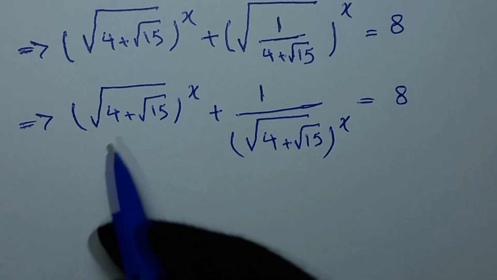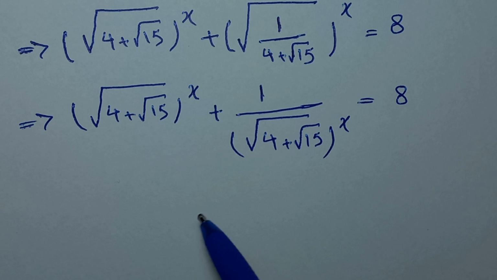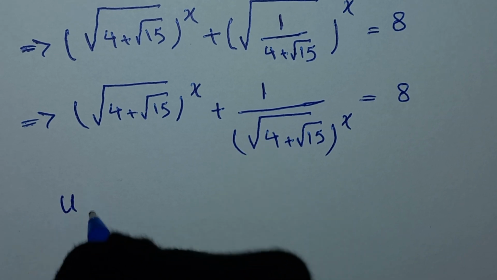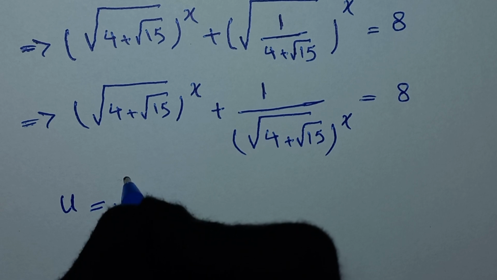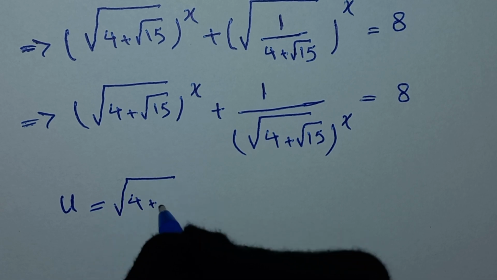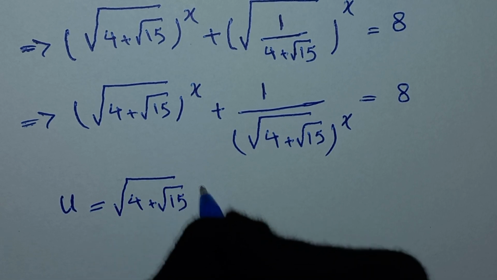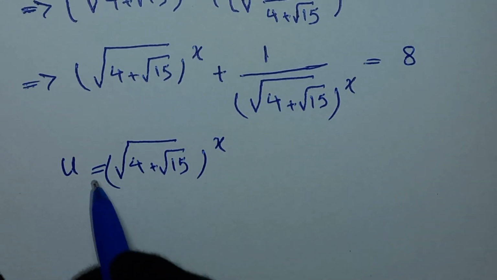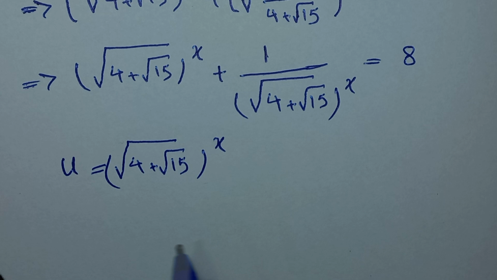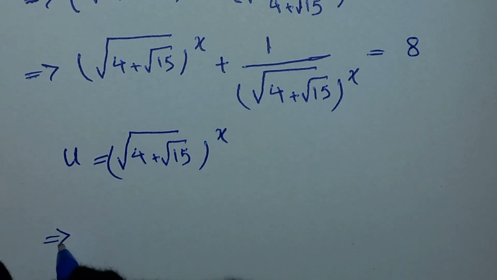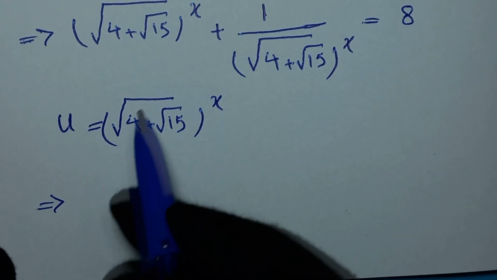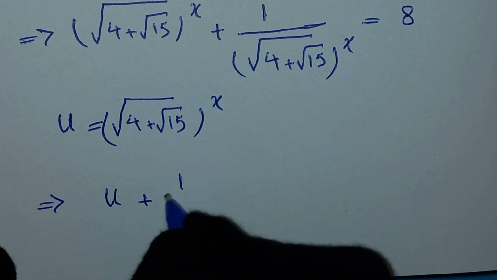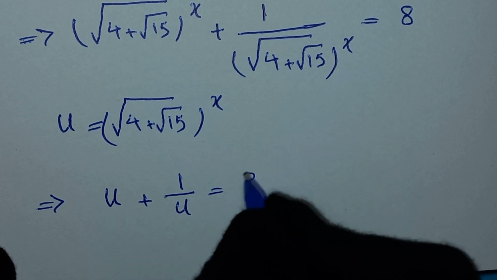Here this and this are common, so let u be equal to square root of 4 plus square root of 15 to the power of x. We substitute u in this equation, so it will be u plus 1 over u is equal to 8.